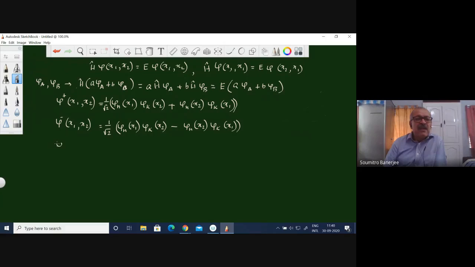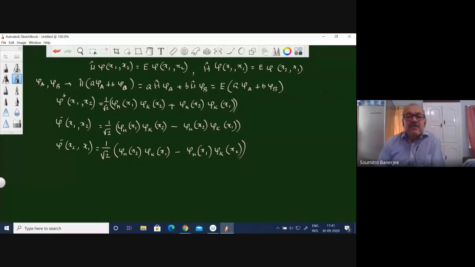I'll need to write psi minus x2 comma x1, by swapping the positions, is equal to 1 by root 2 times psi n x2 psi k x1, I'm swapping the positions, minus psi n x1 psi k x2, right?